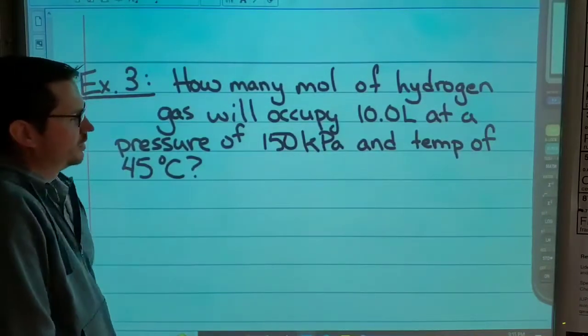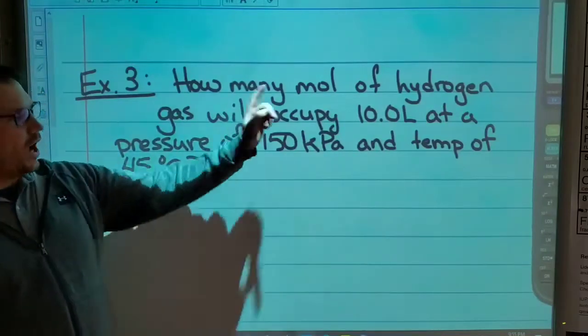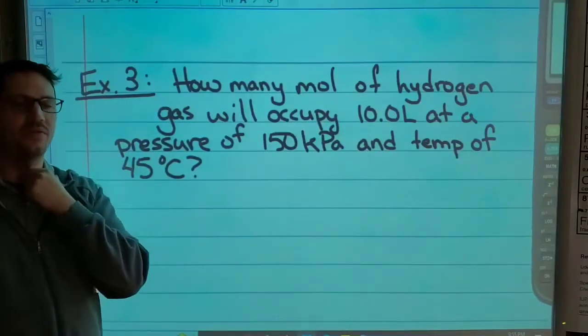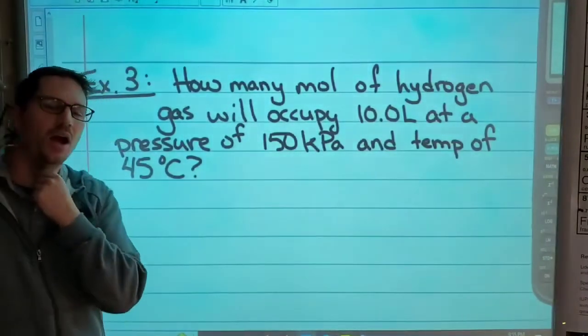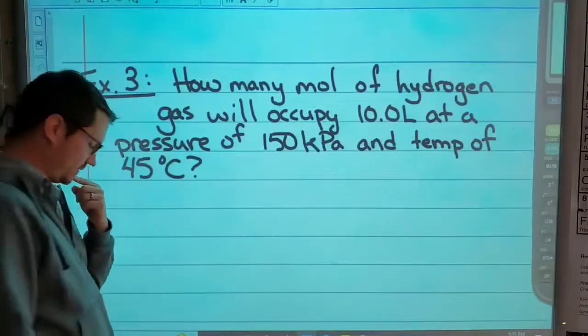How many moles of hydrogen gas will occupy 10 liters at a pressure of 150 kilopascals and a temperature of 45 degrees Celsius? Nice! Okay, all right.